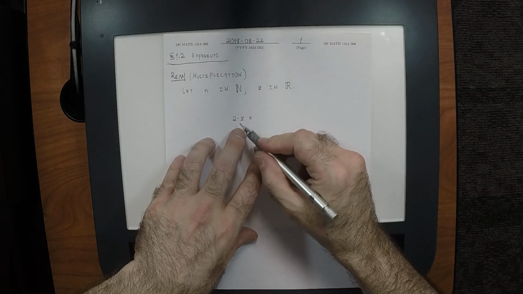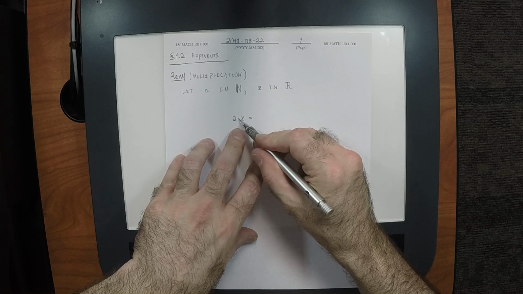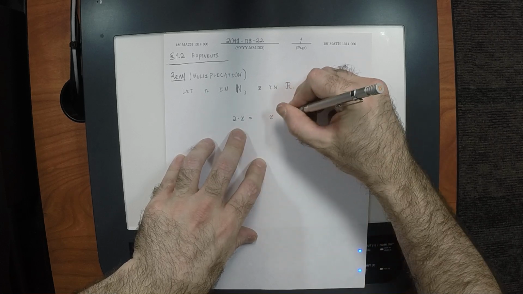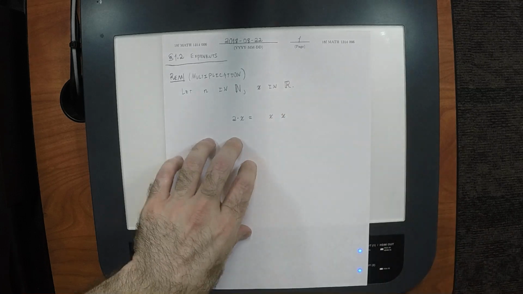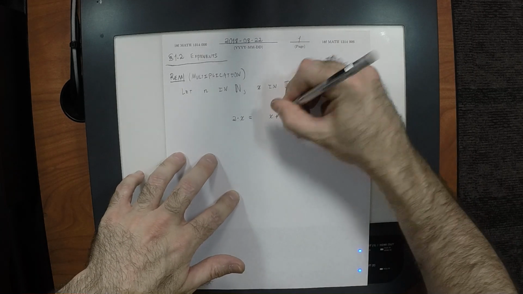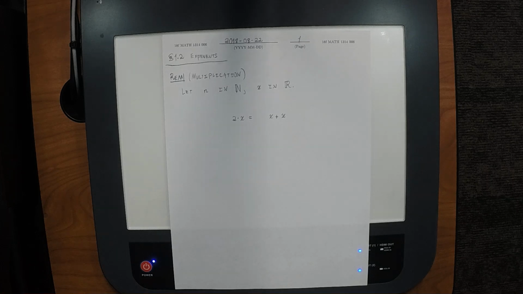Well, because it's 2 multiply x, we're going to take 2 copies of x. So we've got 2 x's there, and we're going to combine them with the only thing we know how to do, with addition. So now, that's the definition of 2 times x.